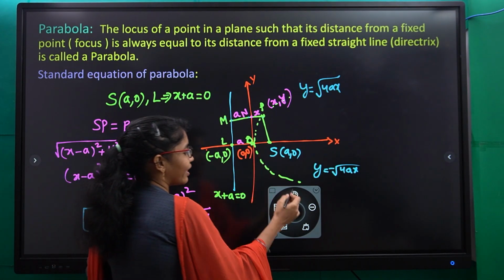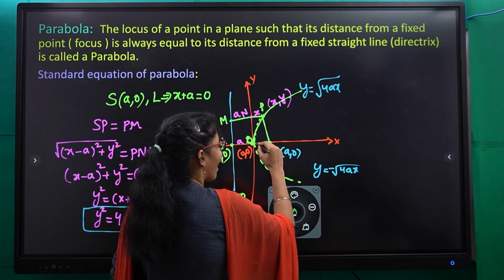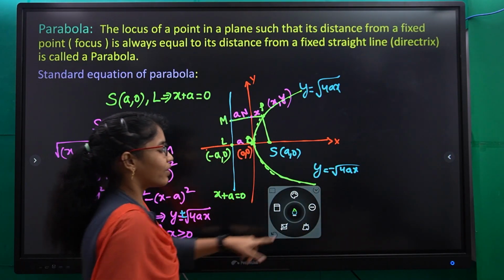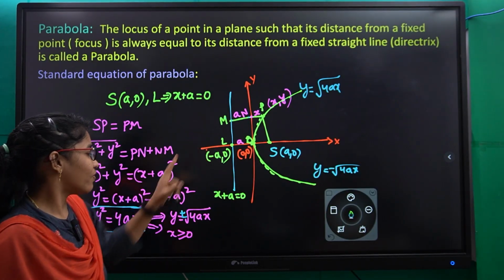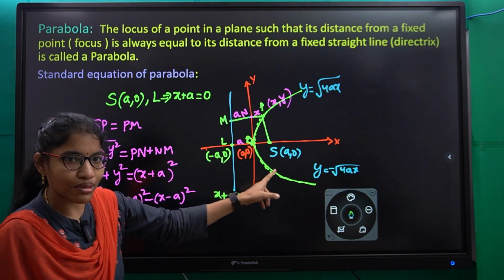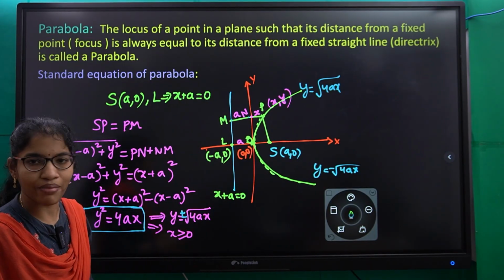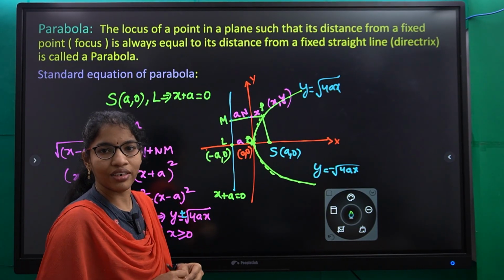So that's why the parabola is in the first quadrant and the fourth quadrant, right? So the equation of the parabola is y square equals 4ax when the focus is (a, 0) and the directrix is x equals minus a. Clear? Okay.